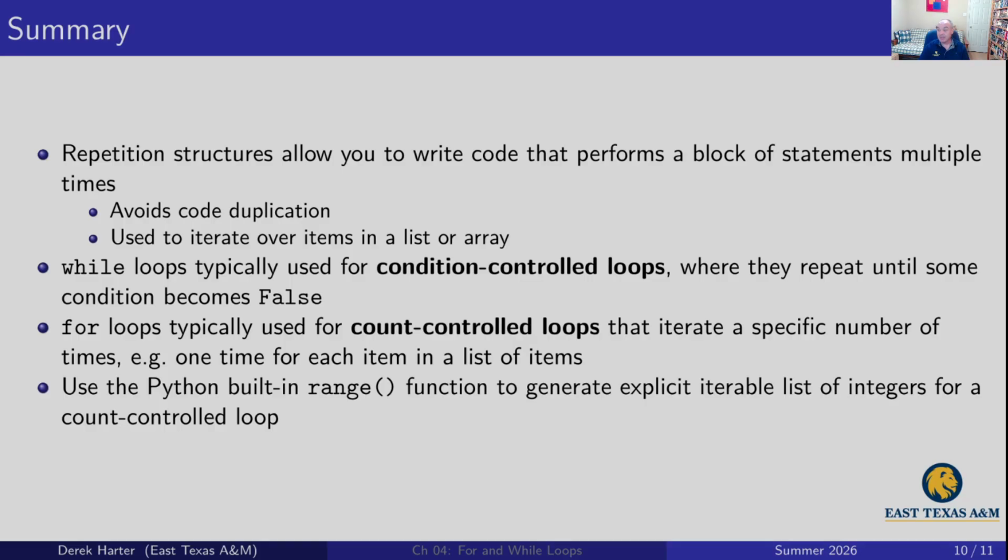Okay. And you'll probably be using range a lot, so sometimes you need to explicitly construct the sequence of integers that you want to iterate over, and range allows you to do that, and you can use the begin and end and the step size to do some more complex things. So I think in the assignment you're doing for this unit, you'll need to use range creatively to do a couple of things.